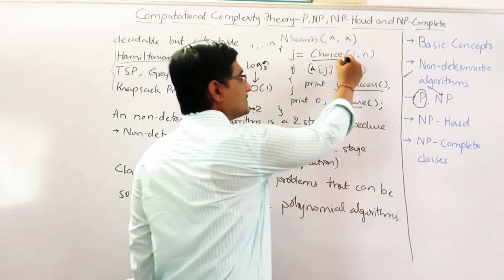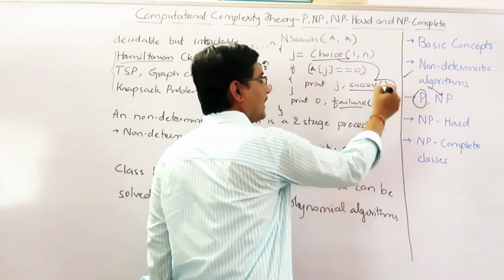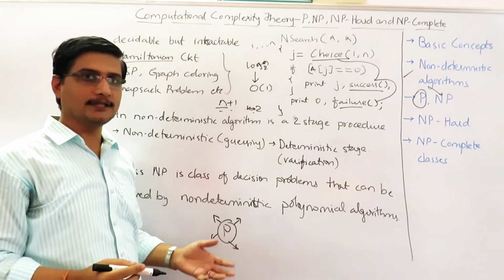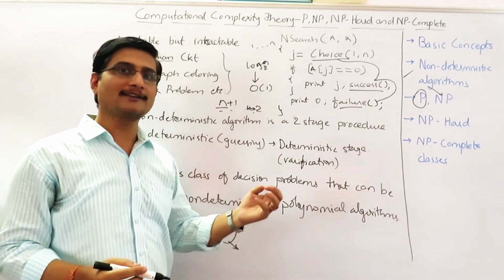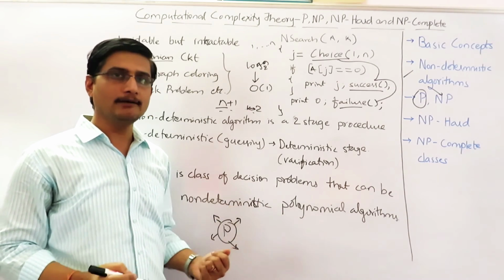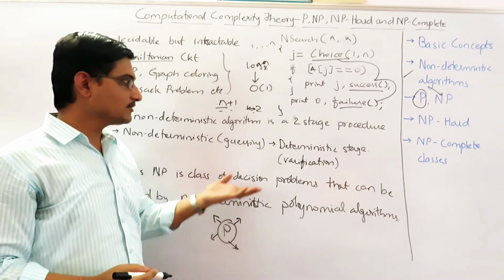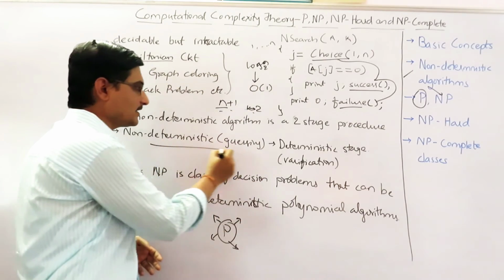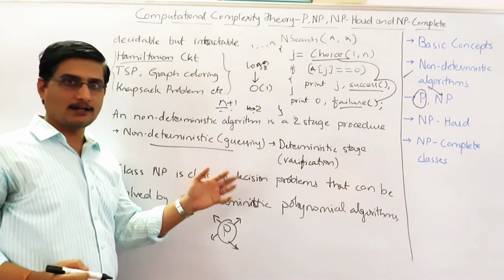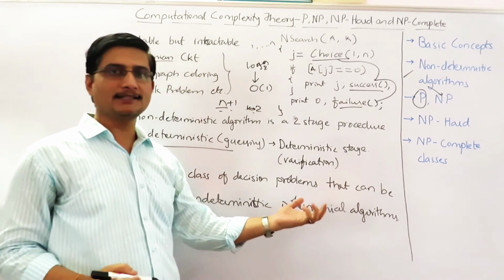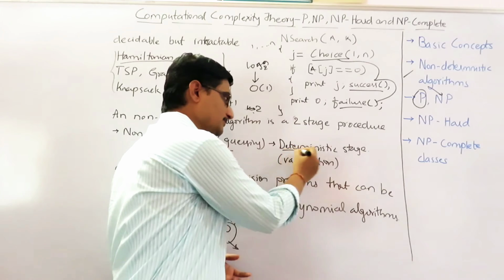Here, all these three functions are non-deterministic. We don't know whether it is going to give the position of the correct key or not, but we believe that it is going to give it to us in the research stage. So this is the first stage of a non-deterministic algorithm. Once it is known, then verification is very simple, and we know this process.